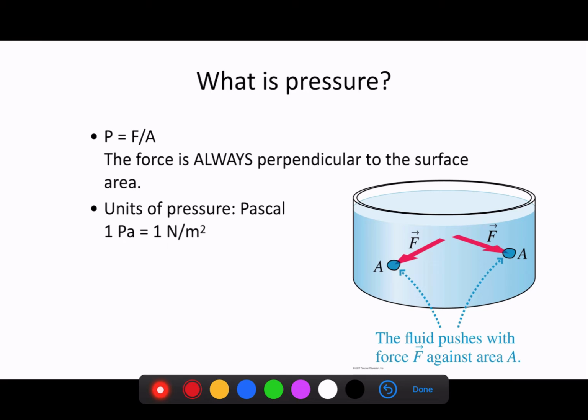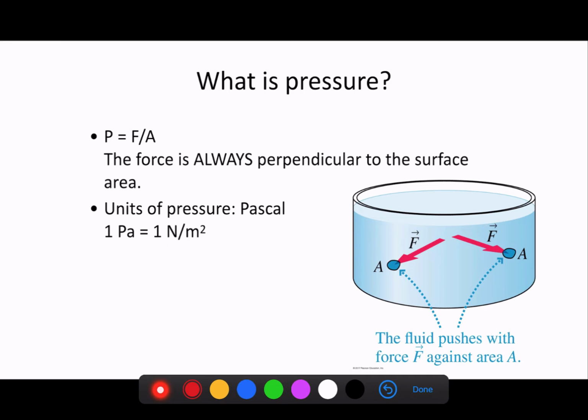So when a force is exerted on that piston, on that little gray rectangular block, it can push the spring down. And we can use this to measure that pressure.